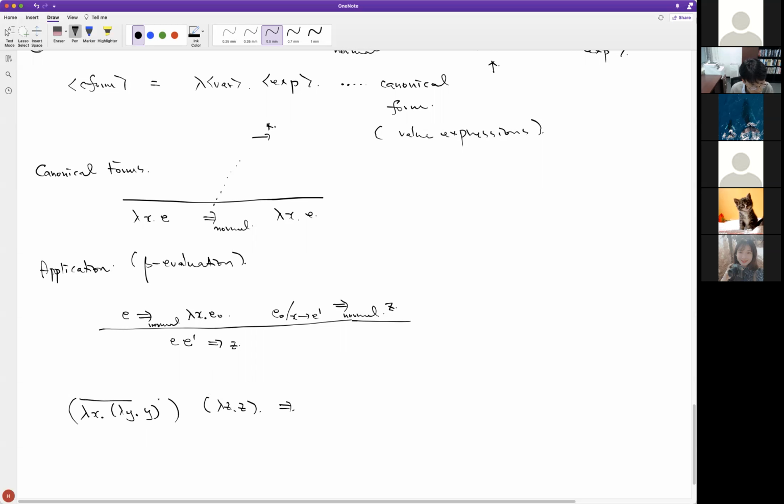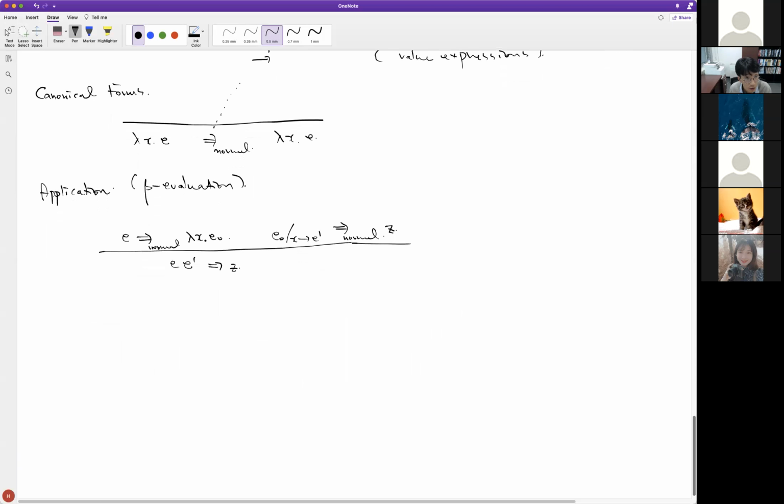Then by the rules of the application, I need more space. Okay, so let's look at this example.